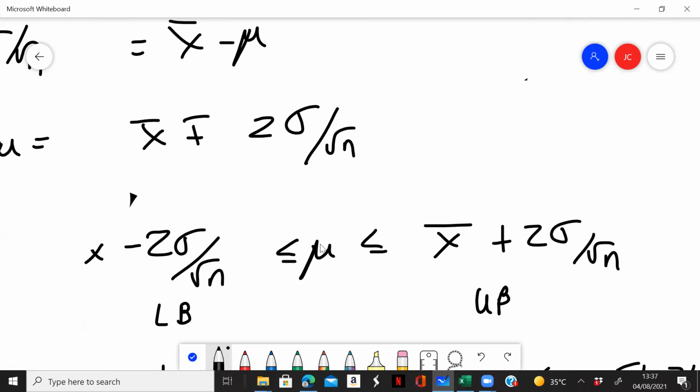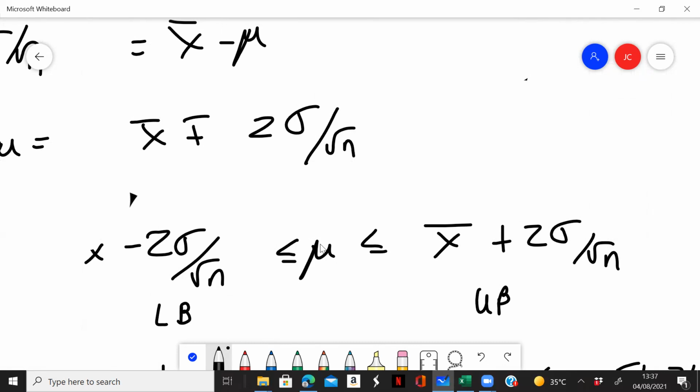Something like this will give me an answer to the question I solved before. For example, what is a range of possible values for the mean grade in maths in the final exam? So that is exactly what a confidence interval is.